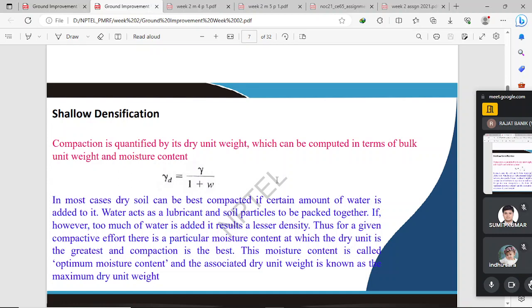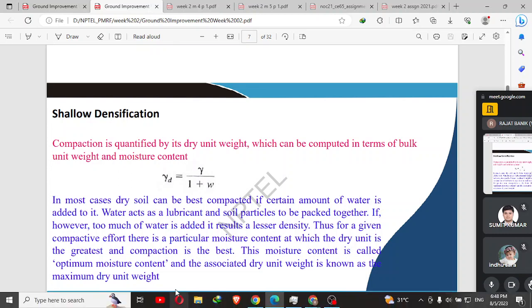We know that density is weight by volume. If volume is increased, density is automatically reduced. So if we add too much water, the in situ soil density also reduces.